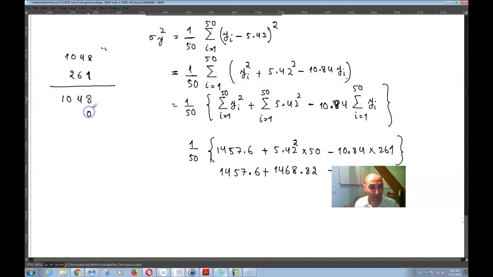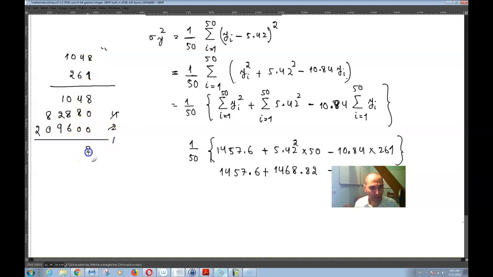So I have 1048, 0. 6 times 8 is equal to 48, 4. 6 times 4 is equal to 24, plus 4 is equal to 28, 2. And 6 times 1 is equal to 6, plus 2 is equal to 8. Then you have 0, 0. 2 times 8 is equal to 16, 1. 2 times 4 is equal to 8, 9, 0, and 2.